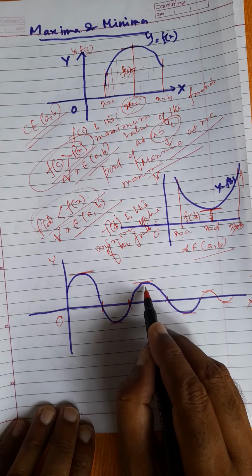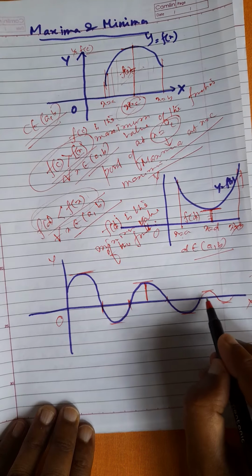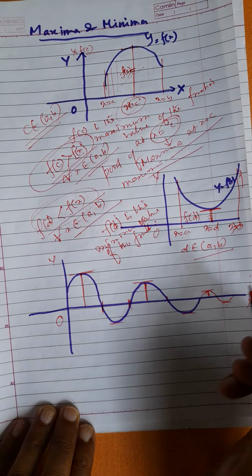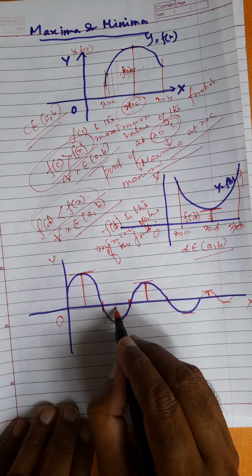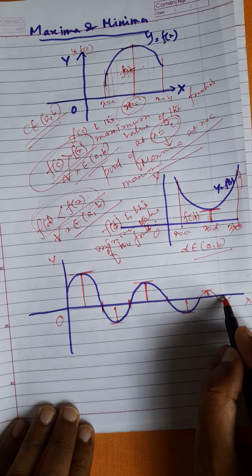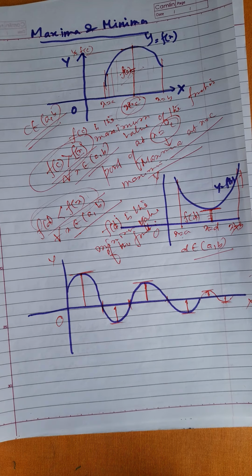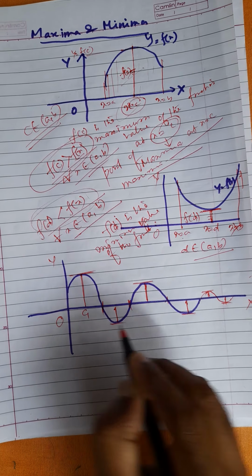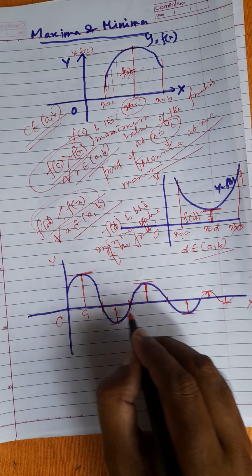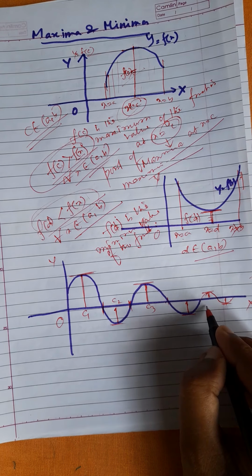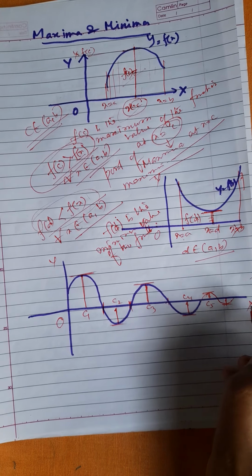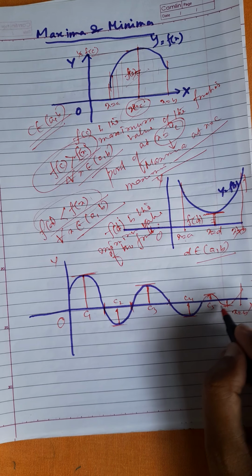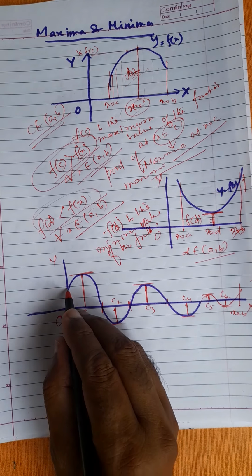These are the points, and here is the extreme, here is the extreme. Suppose this is C1, this is C2, this is C3, this is C4, this is C5, and this is x is equal to b, C6, this is x is equal to a.